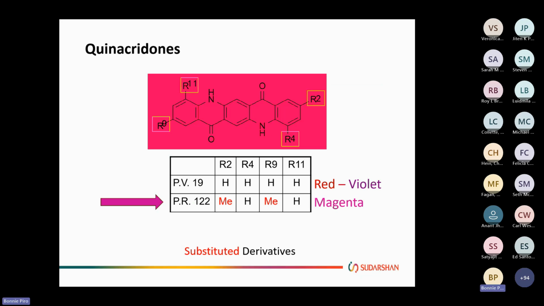If we continue down in the substitution and start making our substitutions, the red 122, as I mentioned, is created by substituting on the R2 and R9 position, top right, bottom left, with methyl groups. Results in that magenta hue.